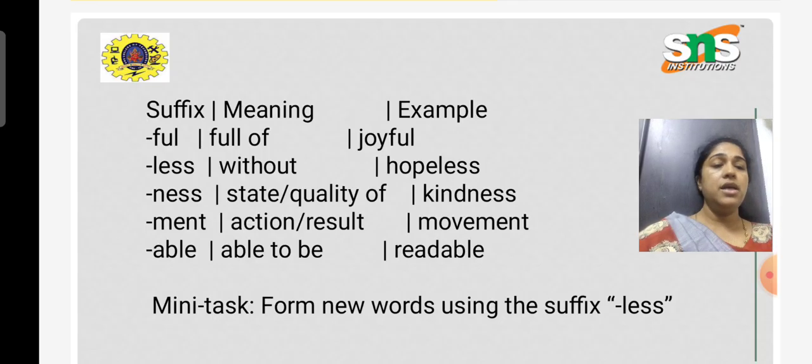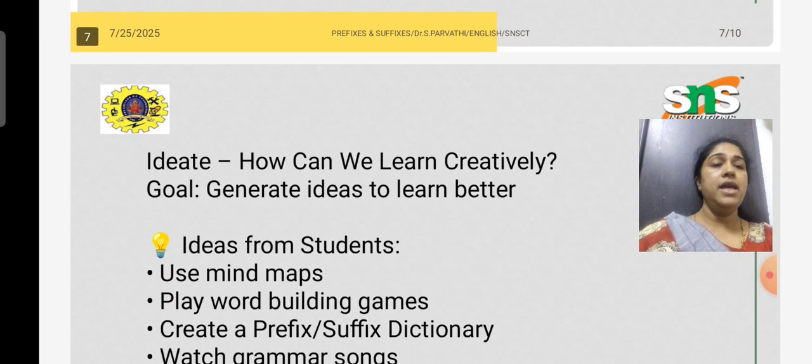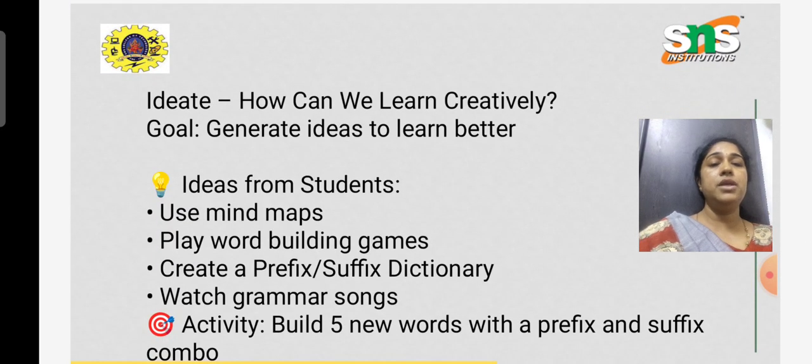The next one is the ideate part, the third stage. How can we learn creatively? The goal is to generate ideas to learn better.